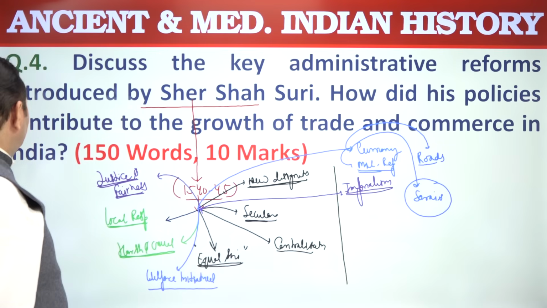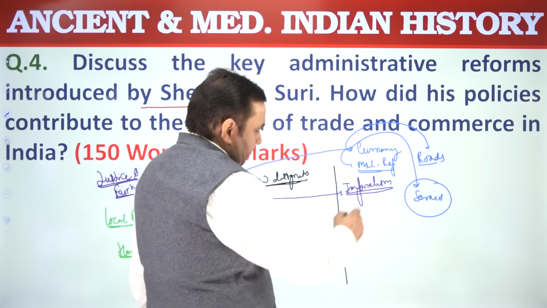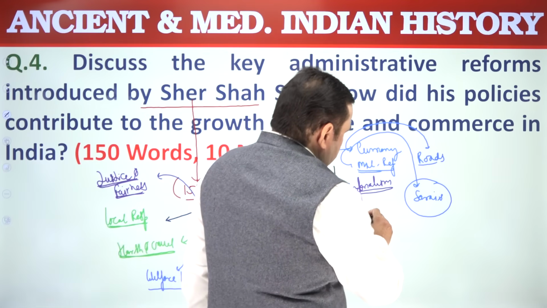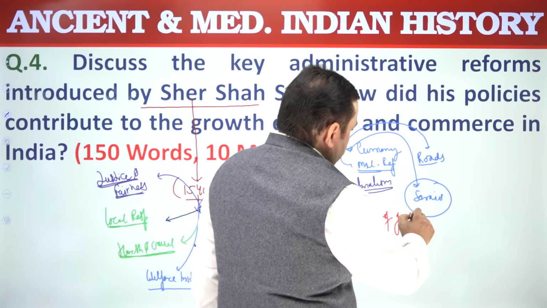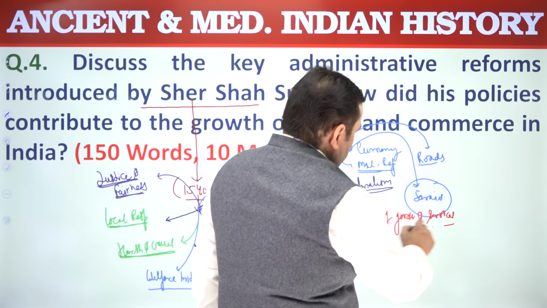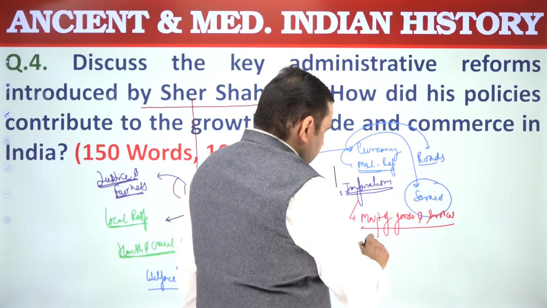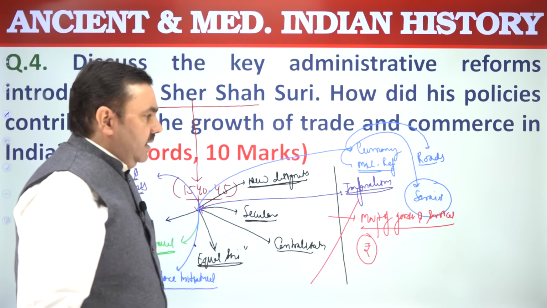All these reforms helped in the movement of goods and services. So movement of goods and services became easier. Sher Shah introduced new currency. The silver rupiya was introduced by him, from where the name rupee comes today.